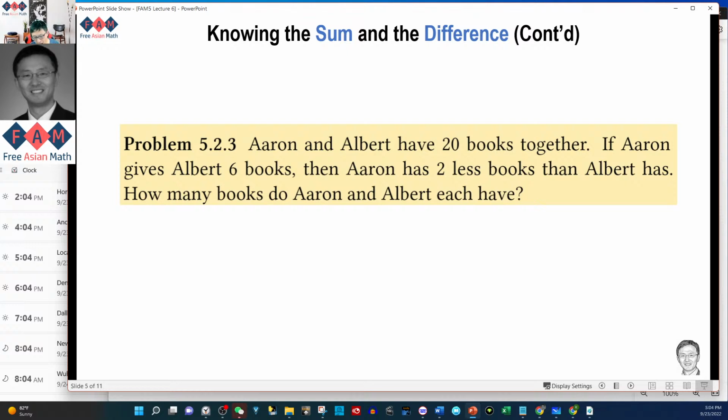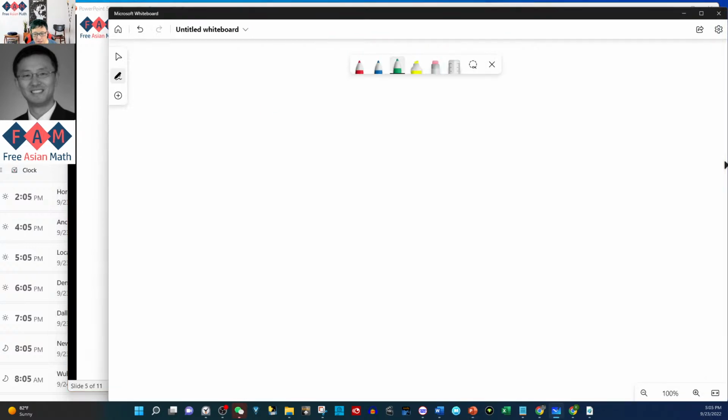Because one is getting 6 less, one is getting 6 more. In and out, or plus and minus, the net effect of Albert giving 6 books back to Aaron is that their difference should go up by 12. Currently, Aaron has 2 less books, but with this 12 jump, Aaron should have 10 more books than Albert. And this restores the situation to the original real case.